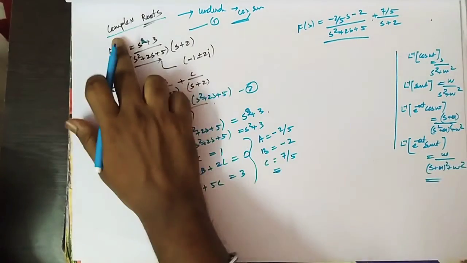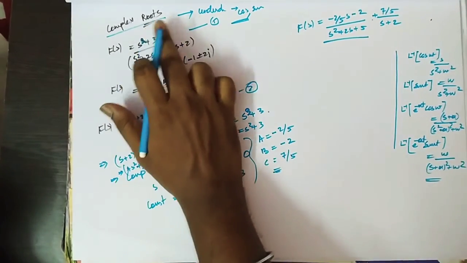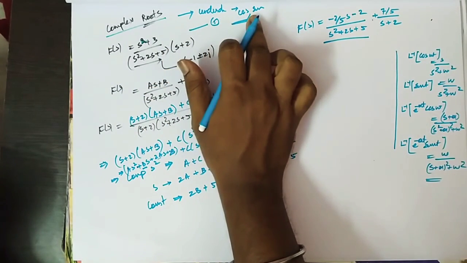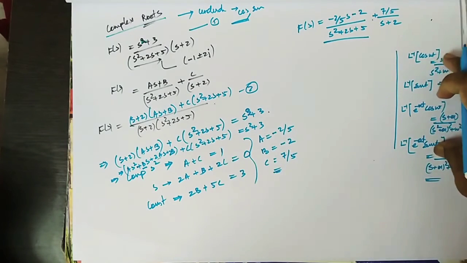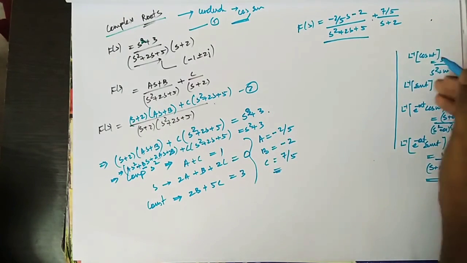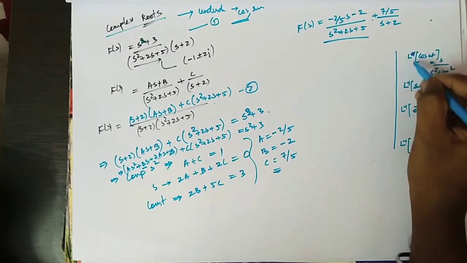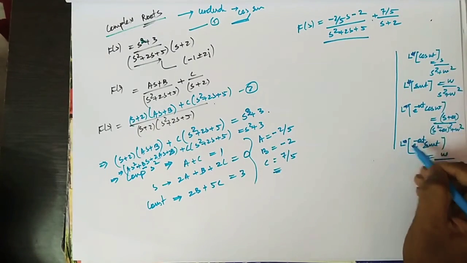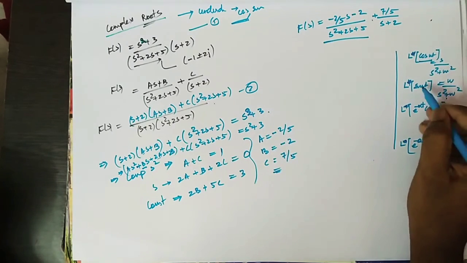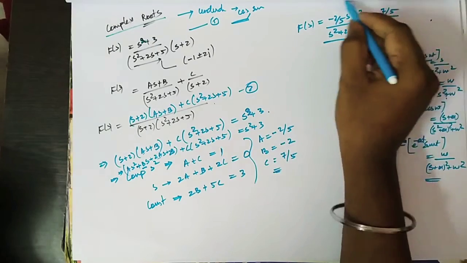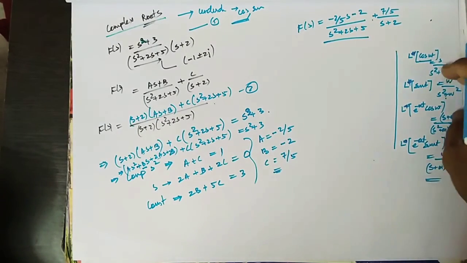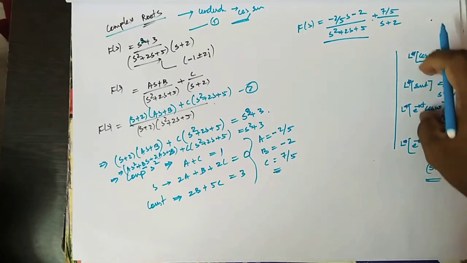So whenever you see complex roots, the system is underdamped and the response is in the form of cos and sine. You need to remember these Laplace transforms beforehand. If you observe carefully, these terms will come in these forms, and the inverse Laplace of these forms is cos and sine forms.